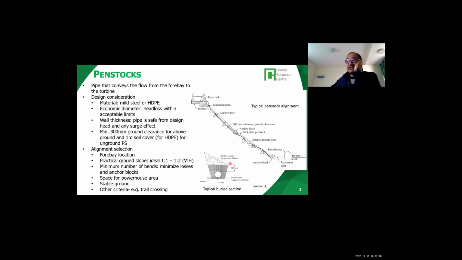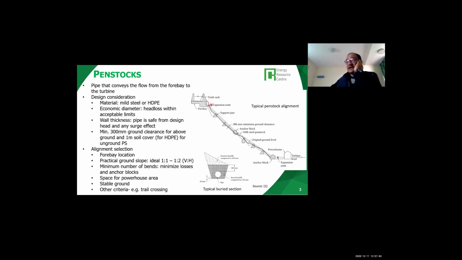Similarly, if it is a buried penstock, you want to maintain at least 1 meter of soil cover, especially for high density polyethylene pipes, so that it is not damaged. When there is a vertical load, such as people walking or some load on top of the soil, it does not impact the penstock pipe.